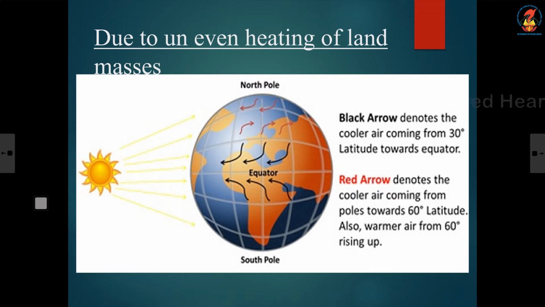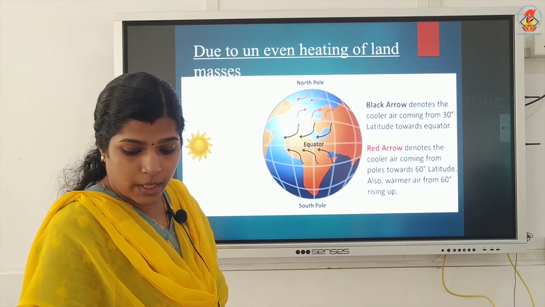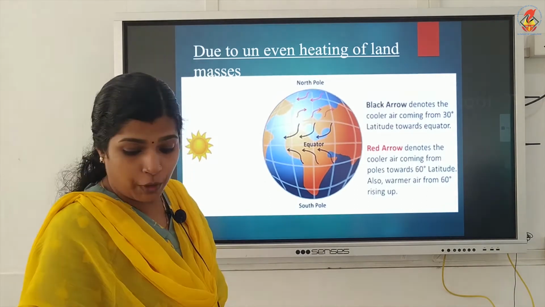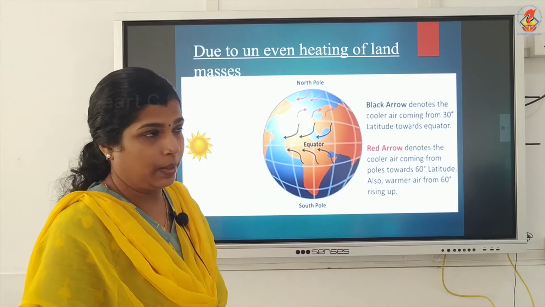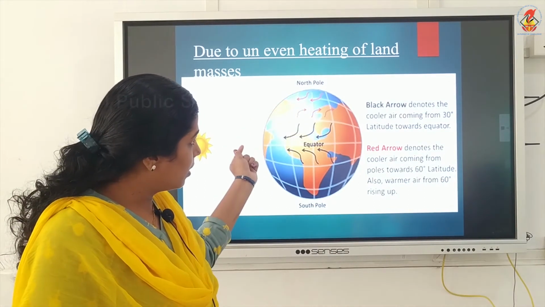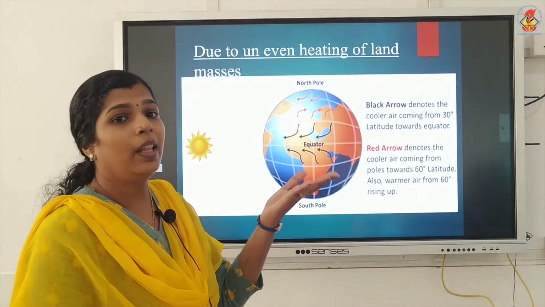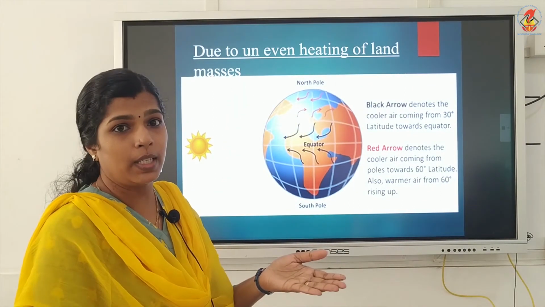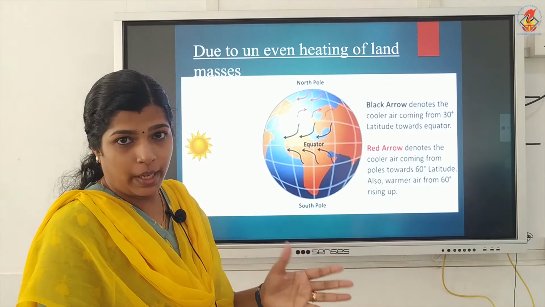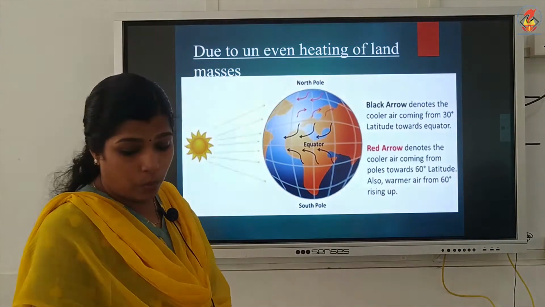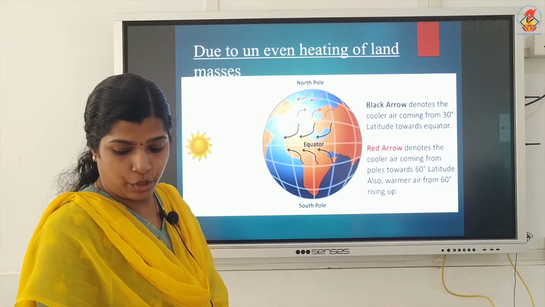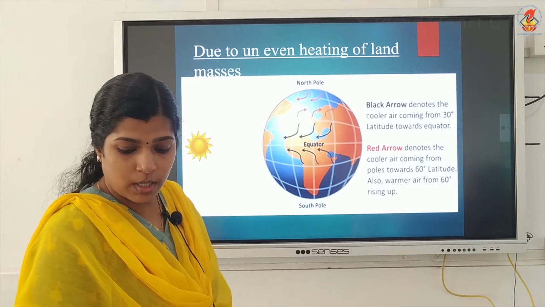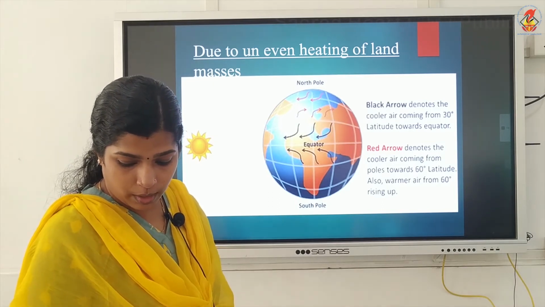The warm air at this latitude rises up and cool air from the polar region rushes in to take its place. In this way, the wind will move from the poles to the warmer latitudes, and wind circulation is set up.